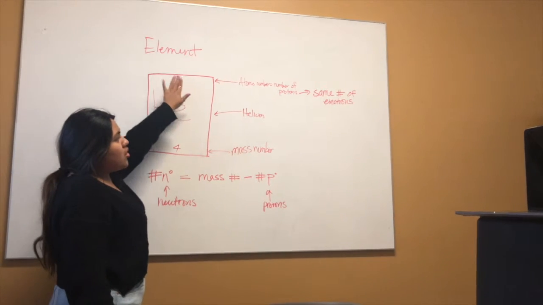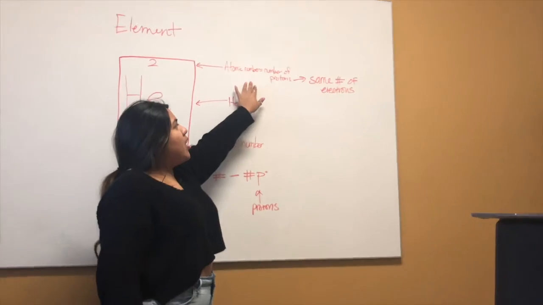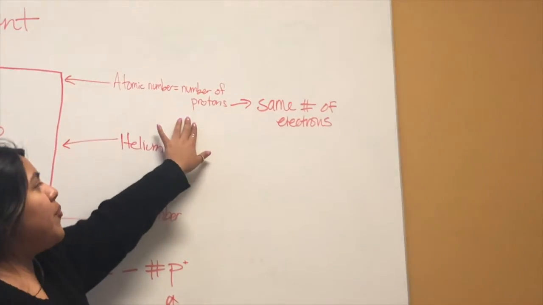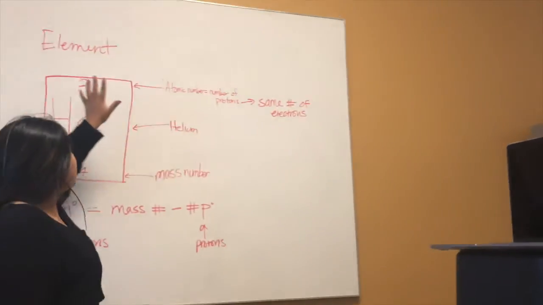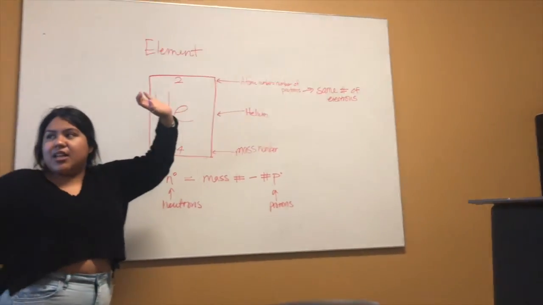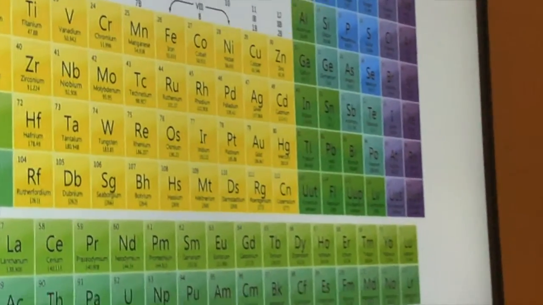The number 2, located on the top of the element square, is the atomic number, which also equals the number of protons as well as the number of electrons. So that top number, whichever element it is, is always going to equal the protons and electrons.